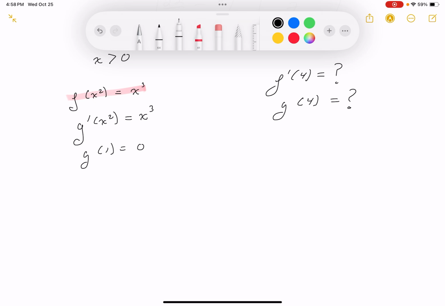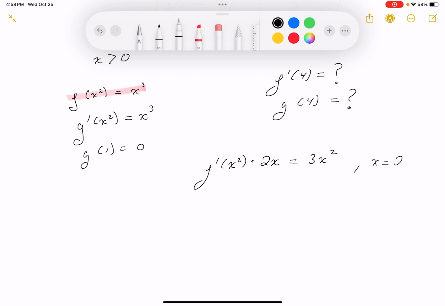So if I take a derivative of that there, I would get f prime of x squared times, chain rule, 2x, and that would be the same thing as 3x squared. All right? So I'll write it down for you. I'm going to say x equals, what should we make x equal to?